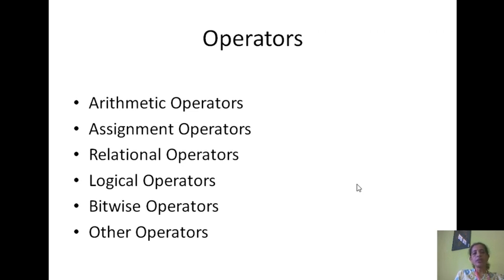In this category, we get operations like greater than, less than, greater than or equal, less than or equal, is equal, and not equal. These are called relational operators, because a relational operator compares two values, like a greater than b, or x greater than y, or x less than y.